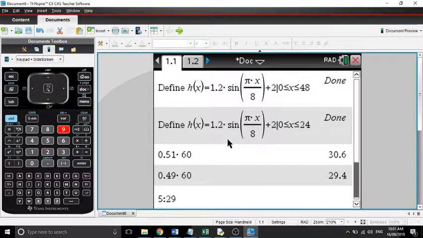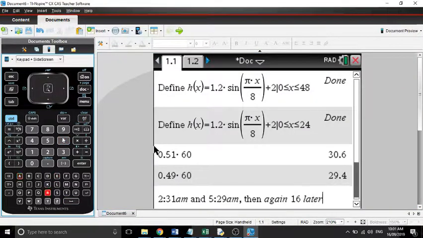So they can exit the harbour between 2:31 a.m. and 5:29 a.m. Then again, 16 hours later, because that's our period. So that'll end up being at 18:31 or at 6:31 p.m.